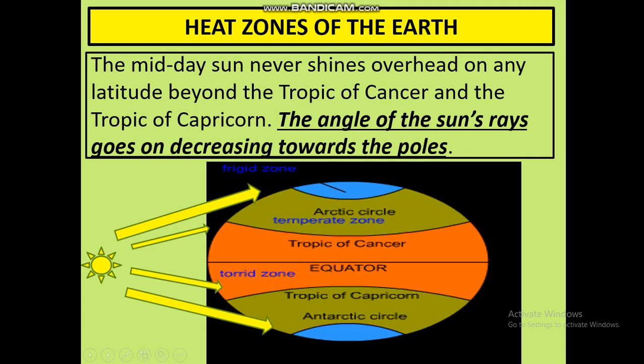Similarly, in the northern hemisphere between the Tropic of Cancer and Arctic Circle, this region is moderate because sunlight doesn't fall direct on this area, but sunlight falls very directly on this red and orange area. That's why this region receives maximum heat of the sun, and these areas are very hot.